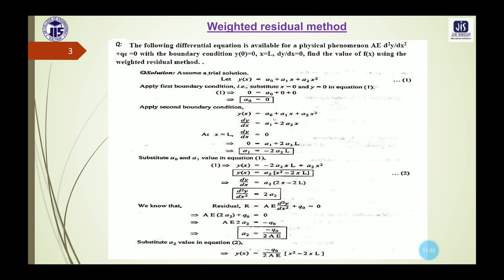Let us discuss one numerical based on this weighted residual method. What is given in this question? The following differential equation is available for a physical phenomenon: d2y/dx2 plus q0 equals 0, with boundary conditions y(0) equals 0, and at x equals L, dy/dx equals 0.